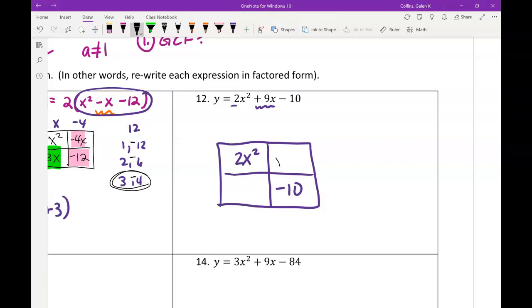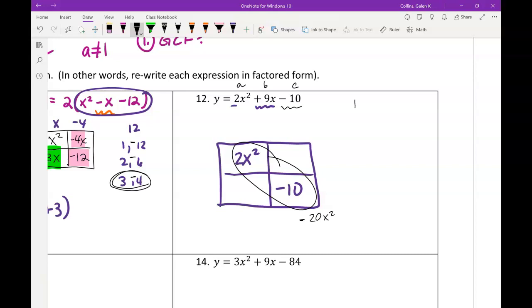And remember, I'm looking for two numbers that multiply to negative 20x squared. So it's not just my c value, but I have to multiply the c value and the a value. So 2 times negative 10, and 9 is what we call our b value.